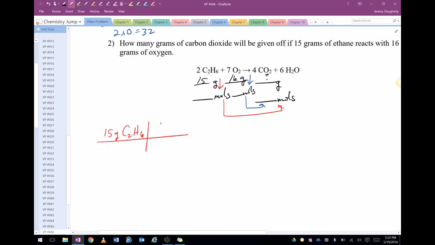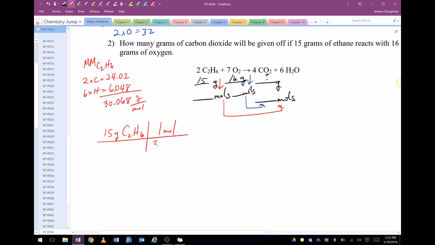Convert that to moles. So 1 mole for every, let's see what we get. 2 times carbon, which is 24.02, plus 6 times hydrogen, which is 1.008 times 6, so it should be 6.048. That gives me 30.068. That's how many grams per mole.